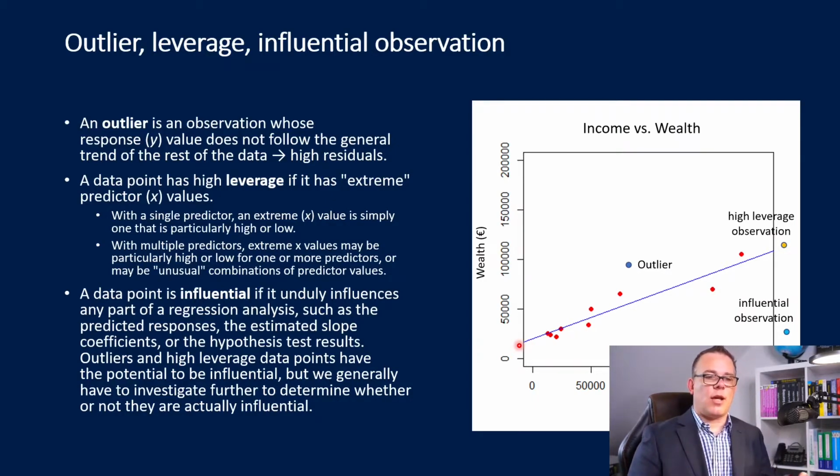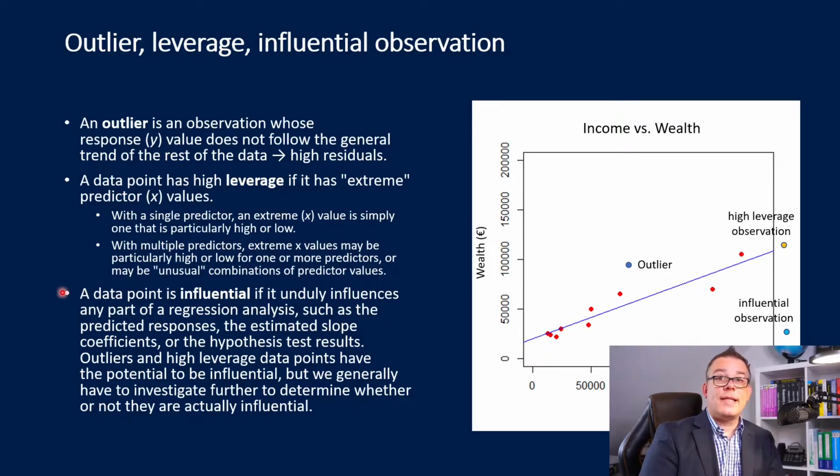But as soon as we have 2 or 3 or 4 independent variables, we have to find something different. I will not go too much into the math, but there is an indicator that is called leverage, of course, and that is calculated as the diagonal of the hat value matrix, but let's not go too much into that.